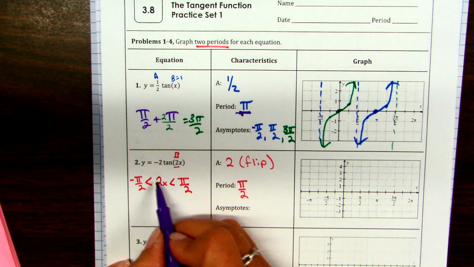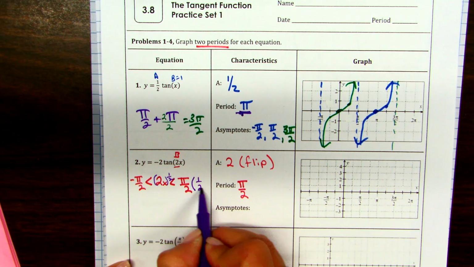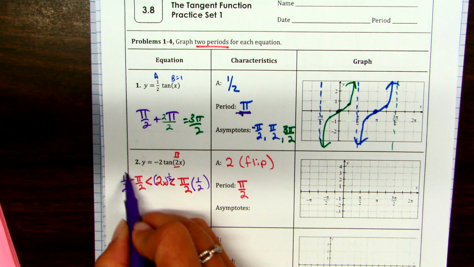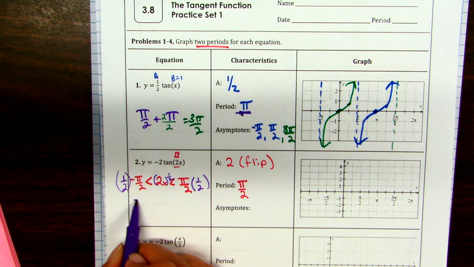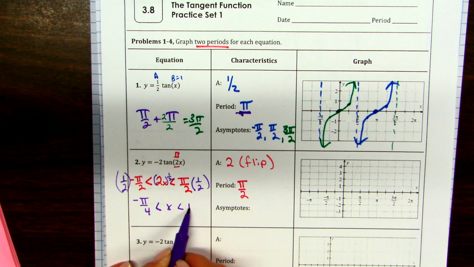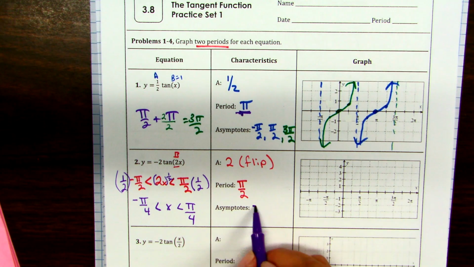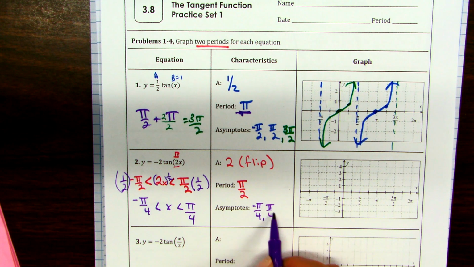So I'm going to multiply this guy by 1/2, this guy by 1/2, this guy by 1/2. And that gets me negative pi over 4 to pi over 4. If you need to show more work, go ahead, but I'm trying to save you from having to keep, change, flip, and then do the math if you know you're going to have to flip it in the first step. So we have our first 2 asymptotes from negative pi over 4 to pi over 4.